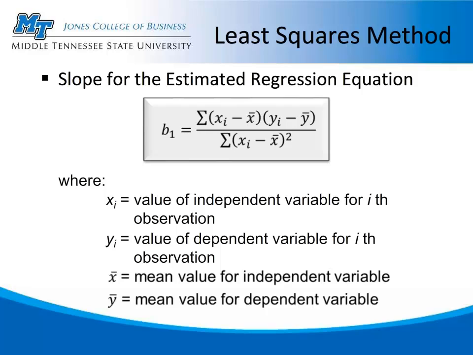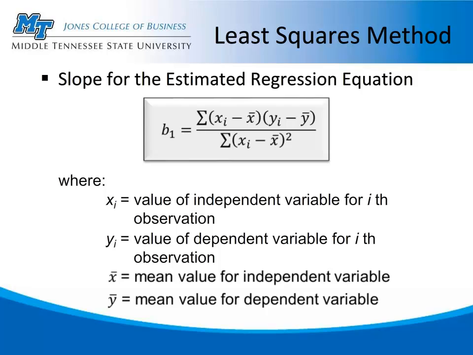Now we used this numerator part of it back in chapter, I think it was chapter 3, where we calculated the covariance. You could take the numerator part and divide it by n minus 1 and you had the covariance. Now the denominator, I just refer to it as the variation in x.